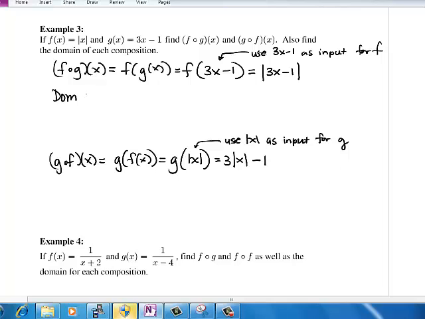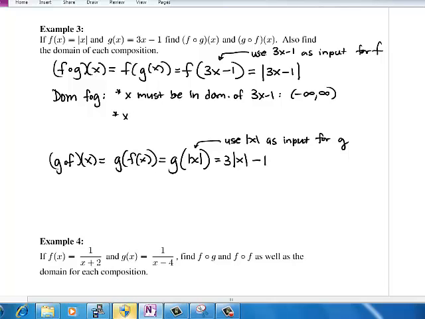And for the domain of f circle g, first we need x must be in the domain of the inside function, which is 3x minus 1. And that's linear, so its domain would be all real numbers.